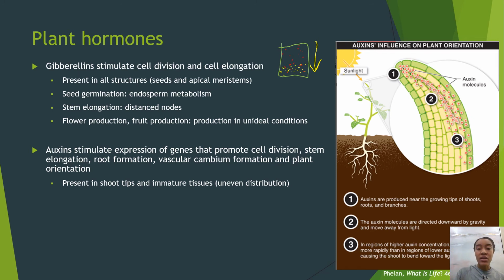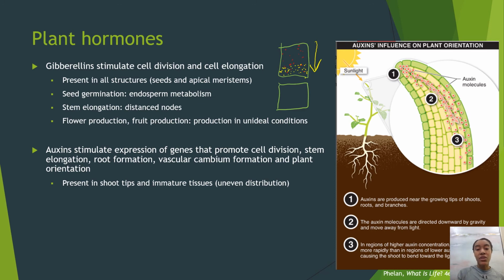So they'll be located kind of here within the cell. This allows the cell and the plant in general to know which way is up versus which way is down. If the auxin concentrations are high, then that indicates that this is down, if you will, in relation to gravity.